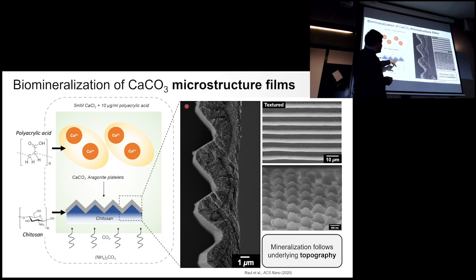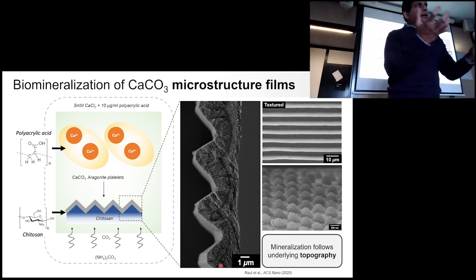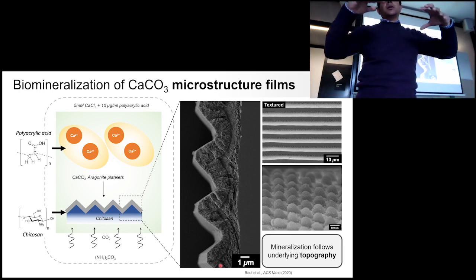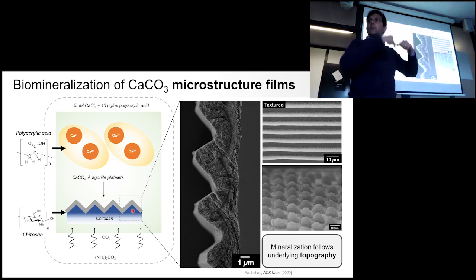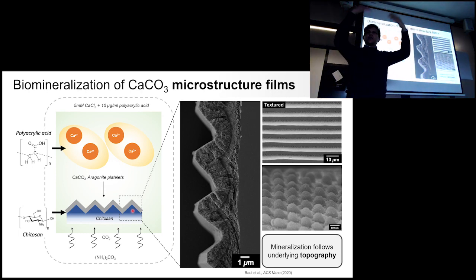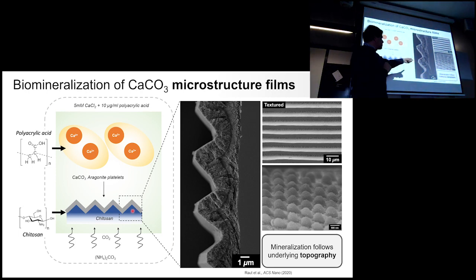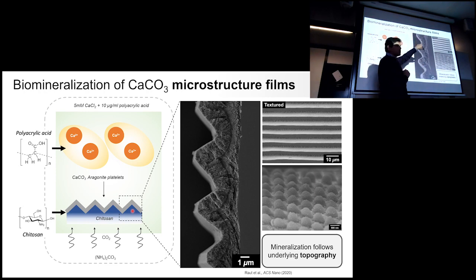A very important observation is that the mineralization in this case replicates the underlying topography. So you can provide any template structure that you want, and it will copy that template across successive layers and form these aragonite films. But in this case, it's very crystalline aragonite.